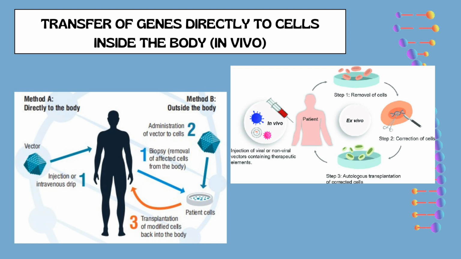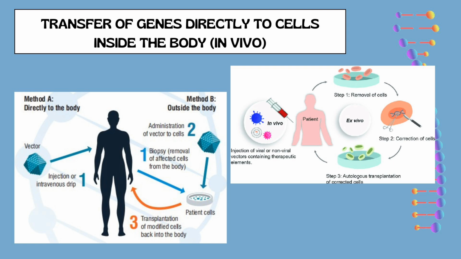So, in ex vivo genes, our steps are first yung biopsy or removal of affected cells from the body. Ito yung nare-remove yung cell ng patient through a biopsy. Yung vector administration, ito naman yung the cell are exposed to a vector, viral or non-viral, containing the therapeutic gene.